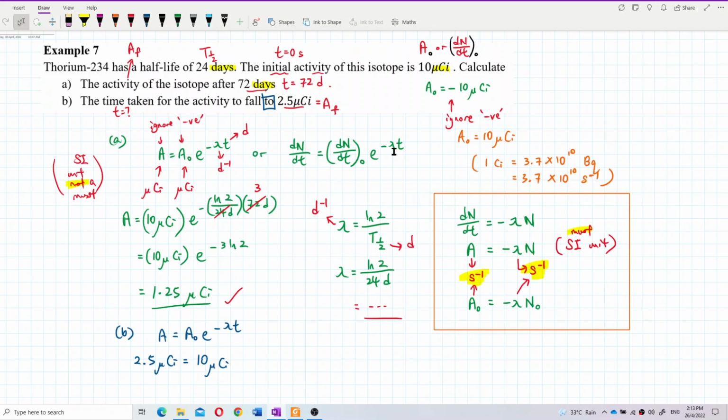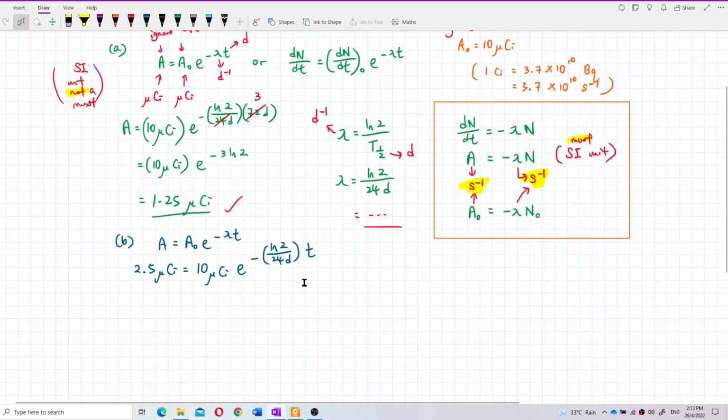Ignore all the negative sign, and then exponent negative. What is my lambda? My lambda I just maintain as ln 2 over 24 days, ln 2 over half-life. And then time taken.